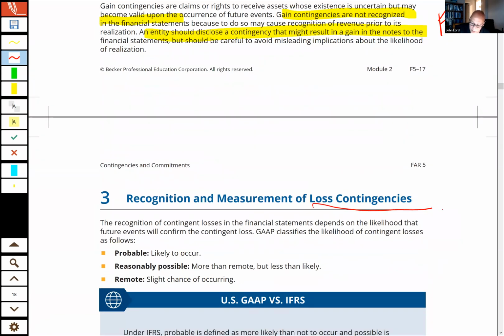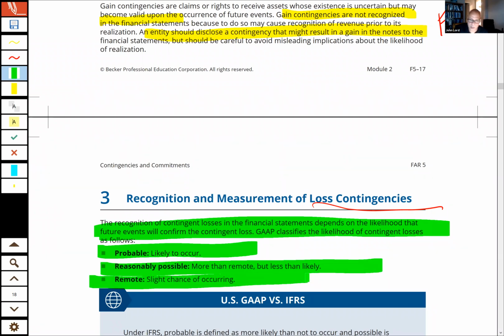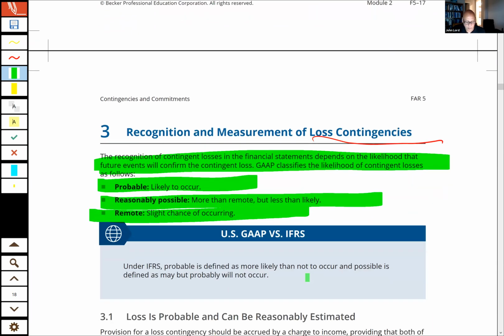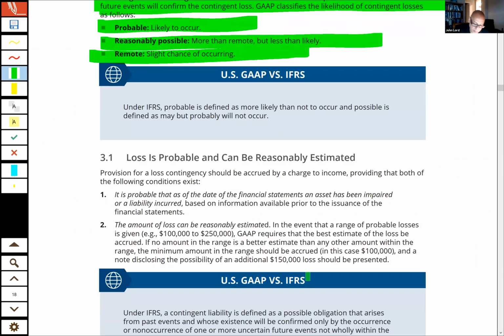Now we come over and we talk about loss contingency. Rule of conservatism says, yeah, there are situations in which you will literally recognize a loss contingency. And in determining what to recognize, what to literally make a journal entry for, we look at these three categories: probable, reasonably possible, and remote. Now let's look at each one of these.